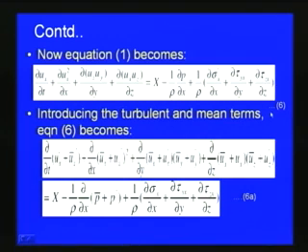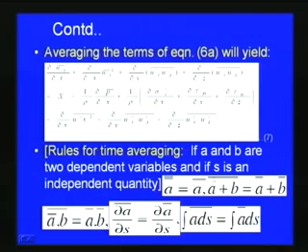So, equation 6 is changed into equation 6a by applying the theory of turbulence, where the velocity and pressures are expressed in terms of a mean value and the fluctuating component.